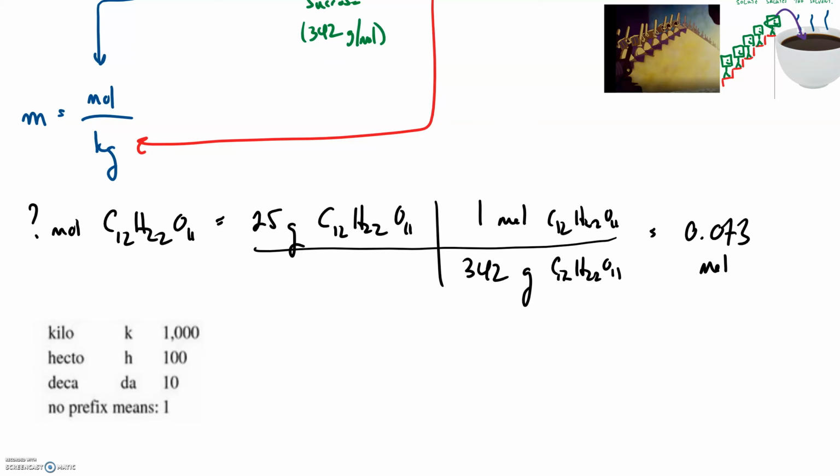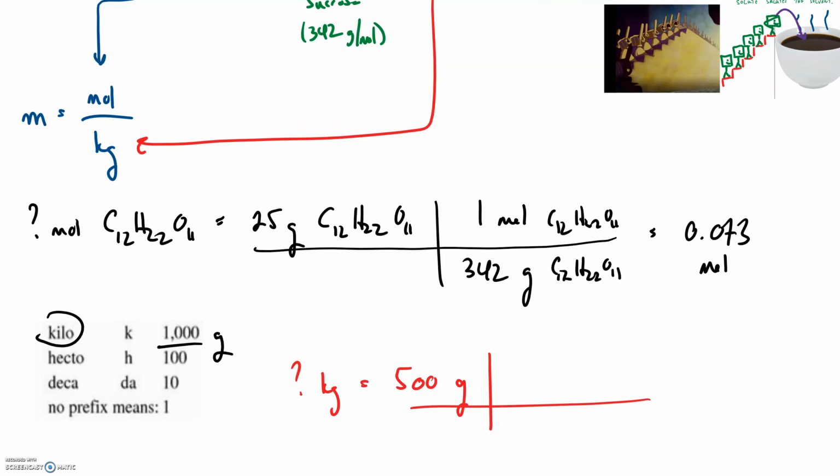All right? So, kilo means 1,000. Means you have 1,000 of your base unit. So there's 1,000 grams in a kilogram. So if I wanted to ask how many kilograms is the equivalent of 500 grams, we know, according to this, that if we're going from grams to kilograms, we put grams on the bottom, and in 1 kilogram, there's 1,000 grams.